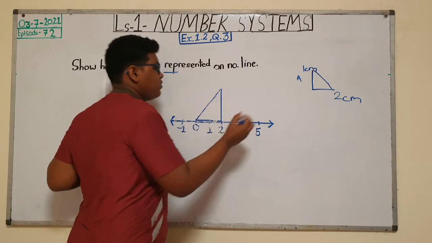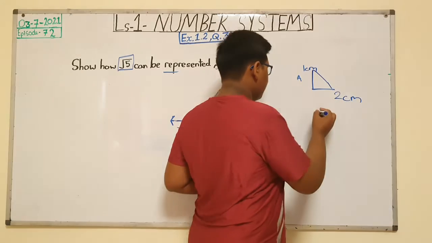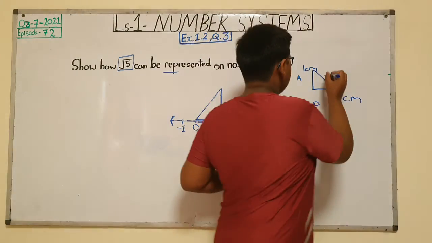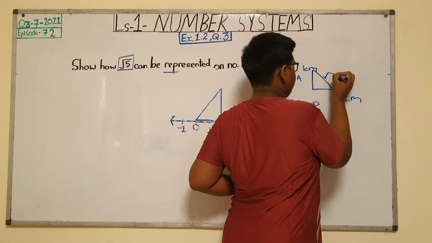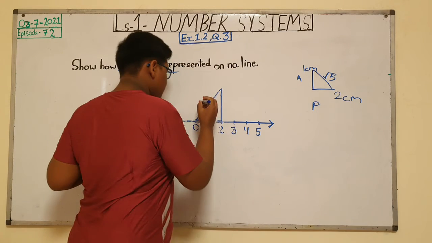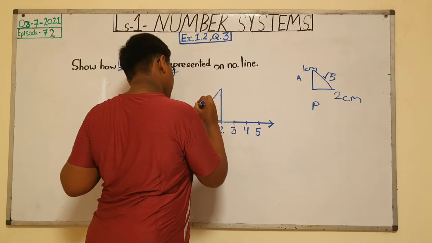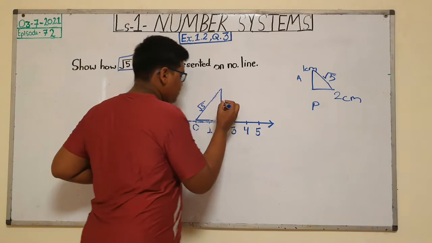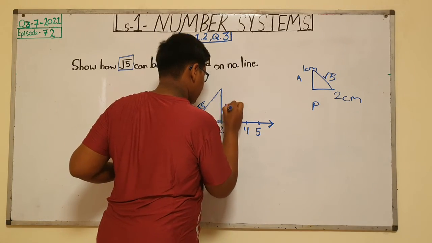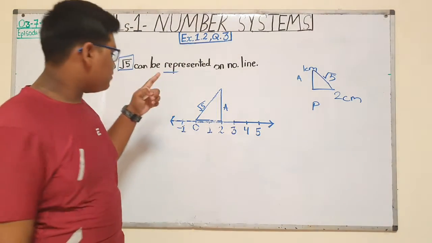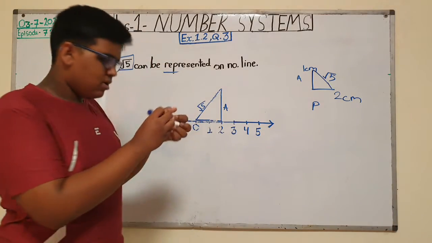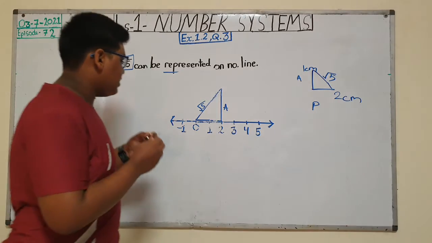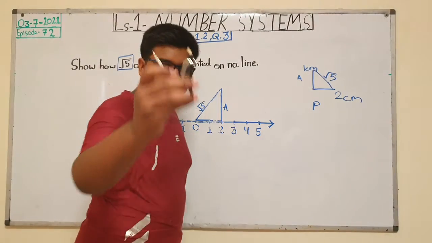When we used the Pythagoras theorem, the hypotenuse was root 5, so we will write root 5 in the place of the hypotenuse. Now for the altitude we have to take the compass.